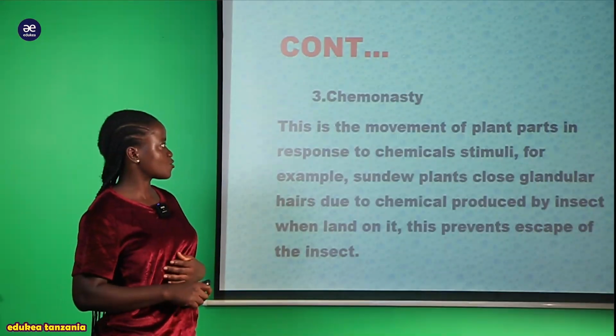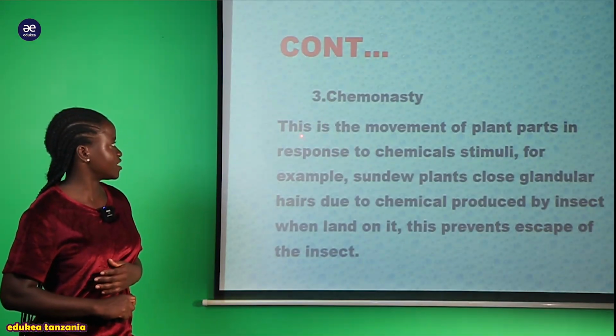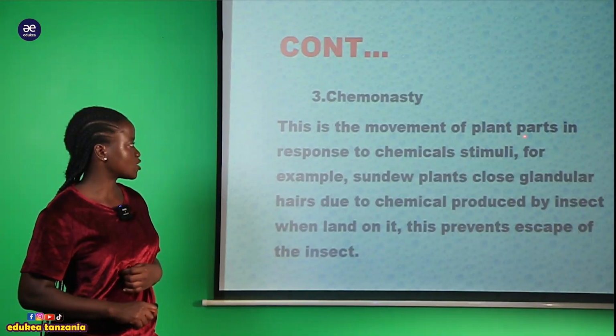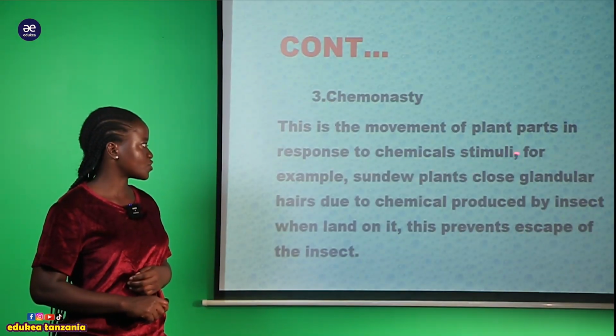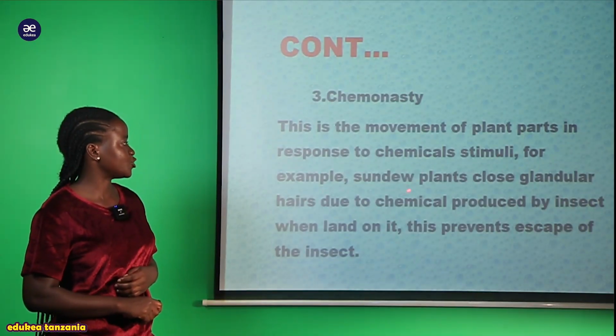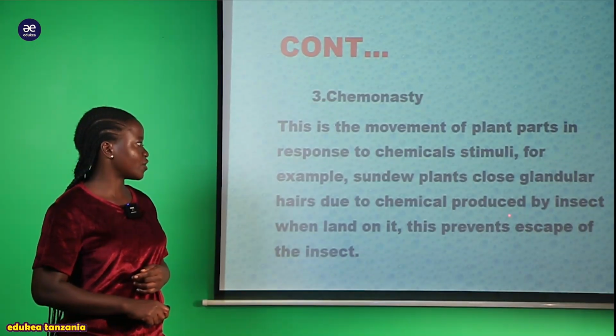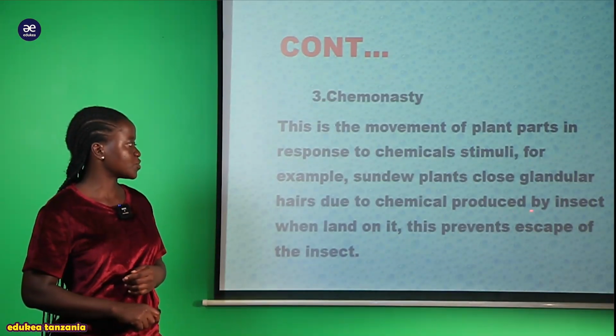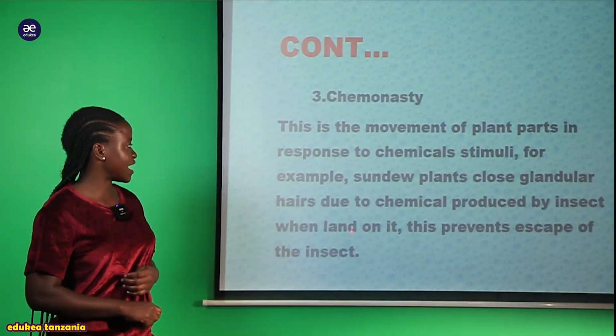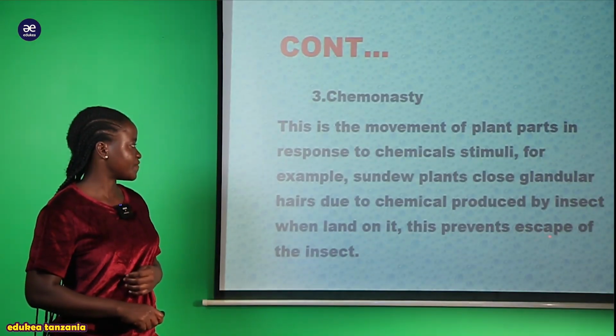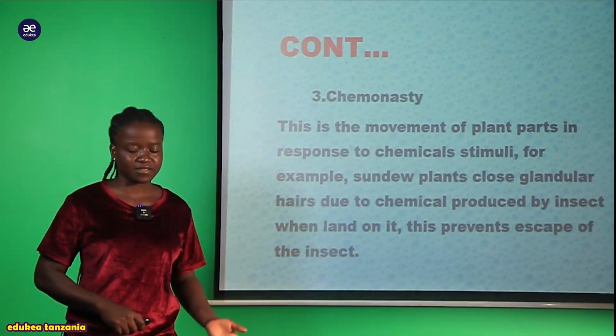This is the movement of a plant part in response to chemical stimuli. For example, sundew plants close glandular hairs due to the chemical produced by the insect when it lands on it. This prevents the escape of the insect.